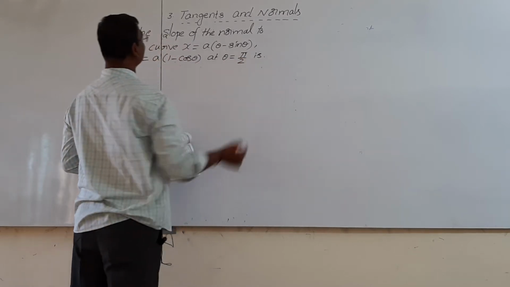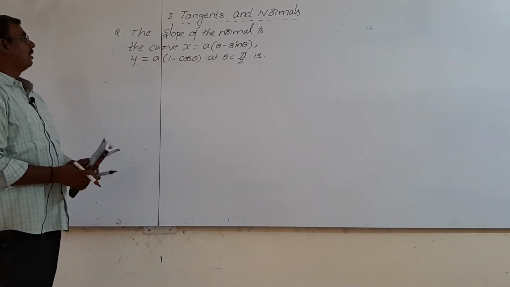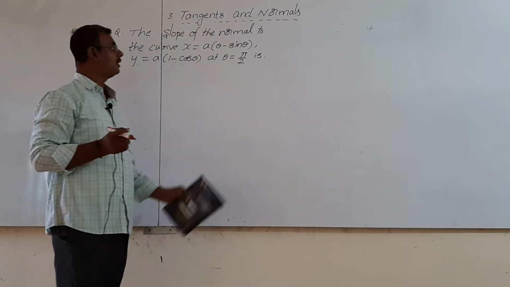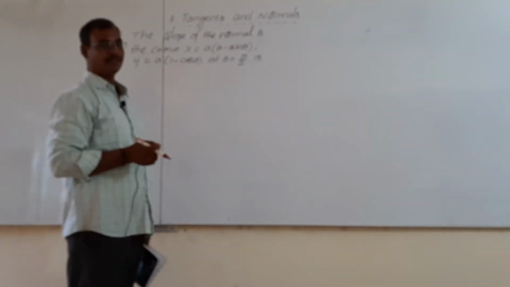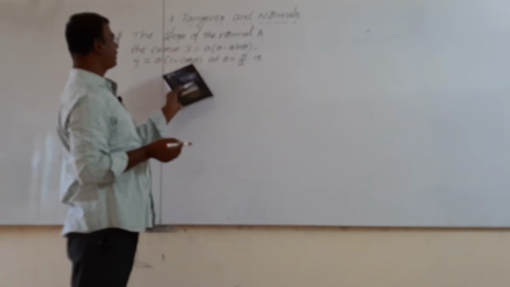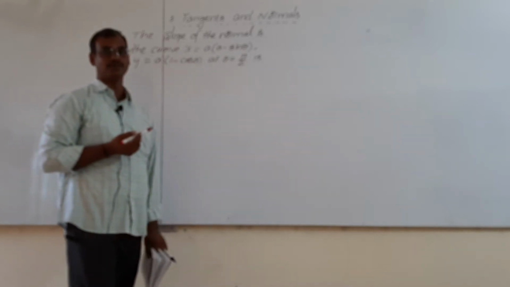This is the question. So what is the slope of the normal to the curve x is equal to a(theta minus sin theta), y is equal to a(1 minus cos theta) at theta equal to pi by 2?